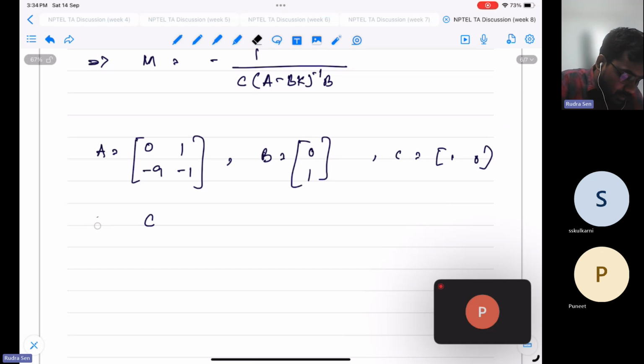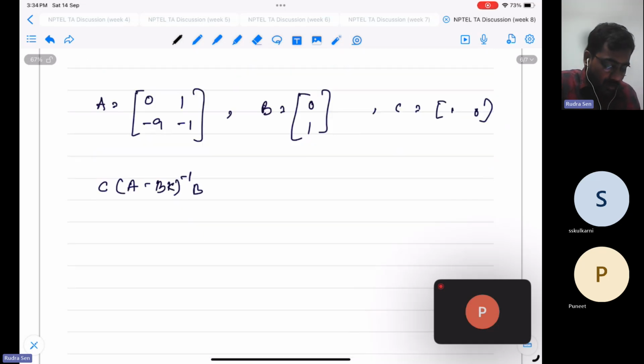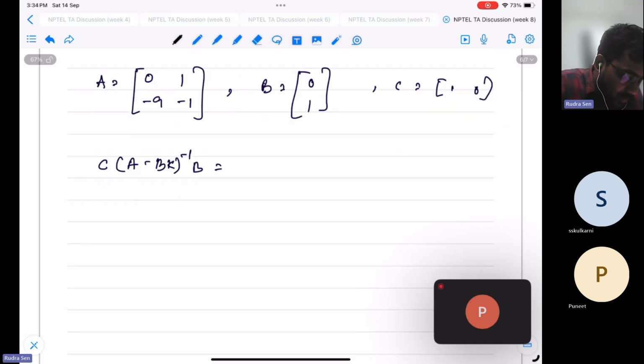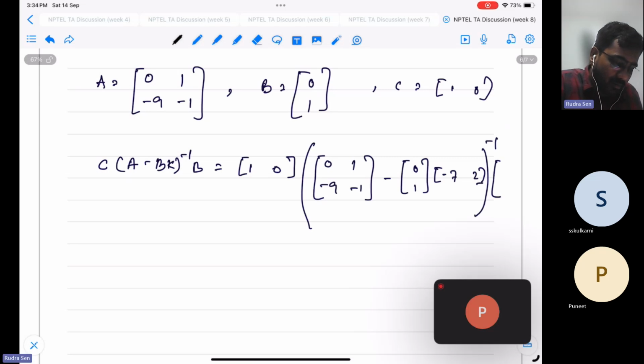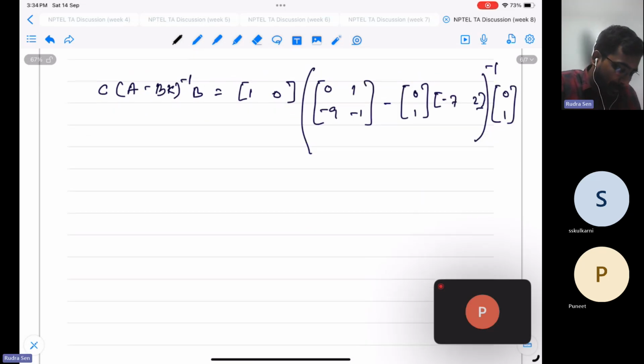First of all, first design this M: C times (A minus BK) inverse times B, which is [1 0], and then [0 1; -9 -1] minus BK, where K is [-7 2], this inverse into B [0 1], right?